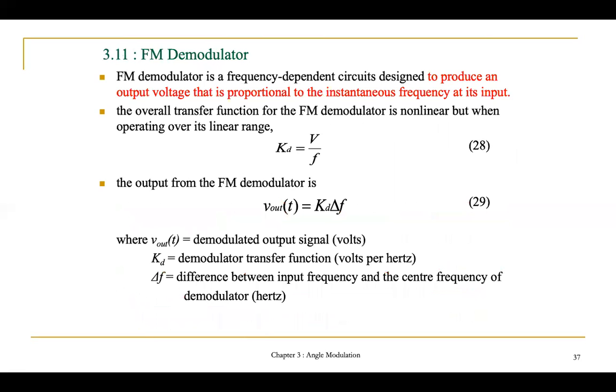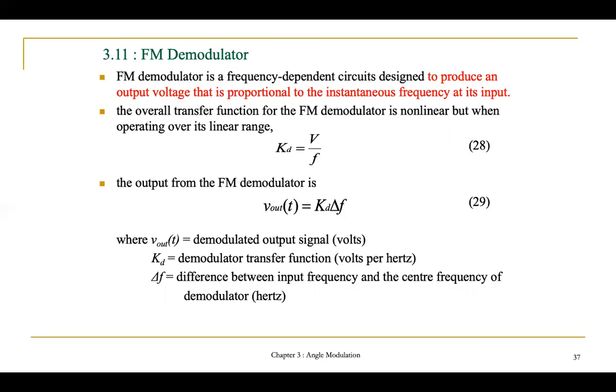The FM demodulator is a frequency-dependent circuit designed to produce an output voltage that is proportional to the instantaneous frequency at its input. So the FM demodulator is basically the inverse of the FM modulator.